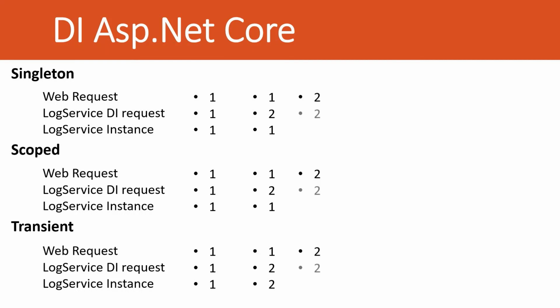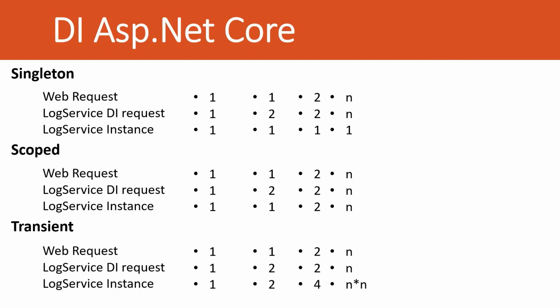If we have two web requests, two DI requests, then it is one for singleton, two for scoped, four for transient. If we have n web requests and n DI requests, then one object is created for singleton, n objects for scoped, and n into n objects for transient.